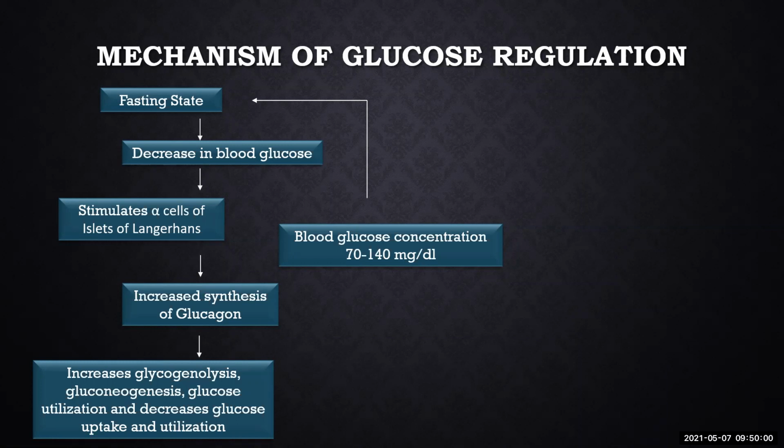Glucagon will increase the blood glucose concentration by increasing breakdown of glycogen, production of glucose from non-carbohydrate sources, and decreasing glucose uptake by the cell and its utilization in the cell. This process continues till the blood glucose returns to between 70 to 140 milligram per dl.